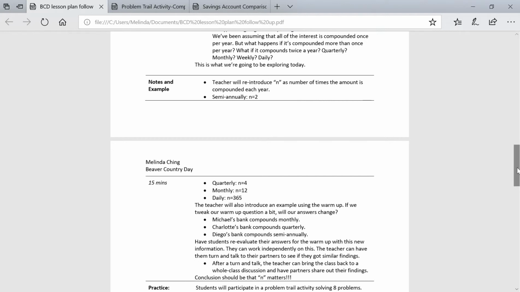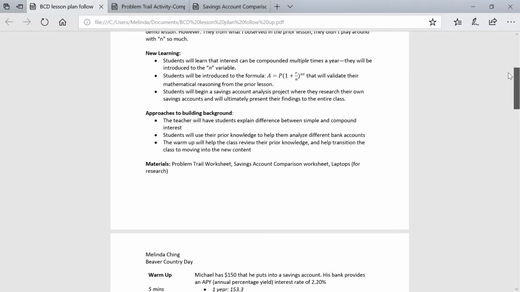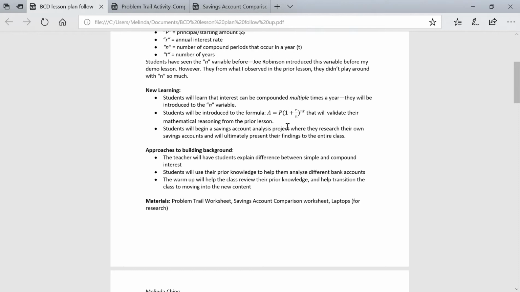So, going over that, I will write the formula on the board. That formula being A equals P times (1 plus r over n) to the power of t times n. And that formula is right here.